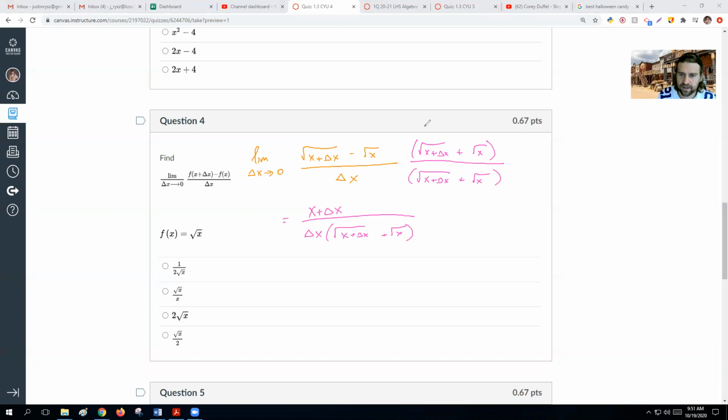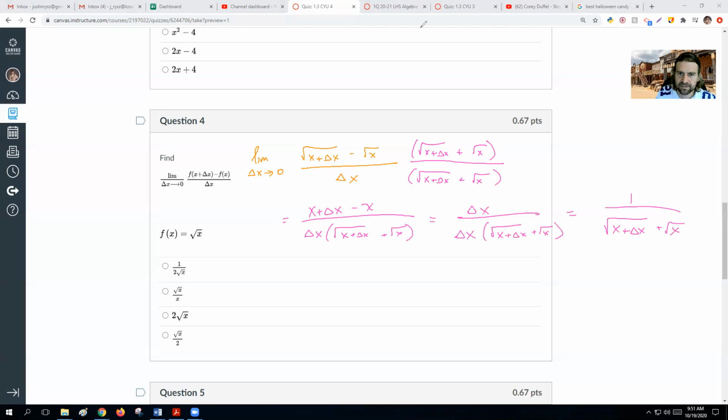So all I have is the negative radical x times radical x, which is a negative x. Well, that's nice because the x's cancel out and we get a delta x over delta x times our conjugate, which then the delta x's cancel out and we get 1 over radical x plus delta x plus radical x.